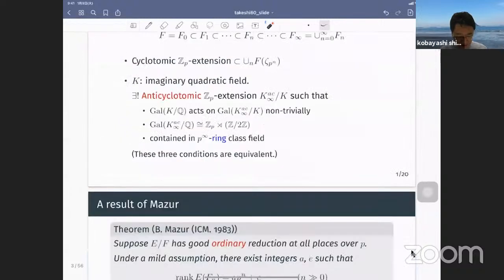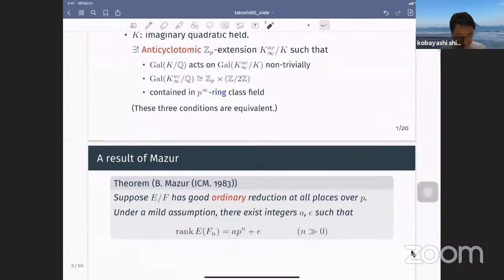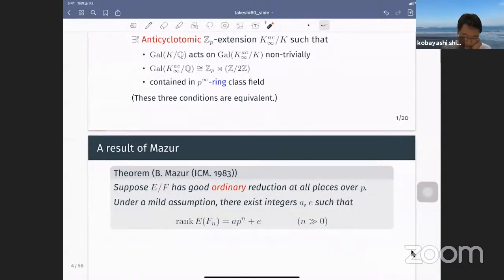And now I recall Mazur's result. Suppose E over F has good ordinary reduction. The ordinary condition is very important at all places over p.